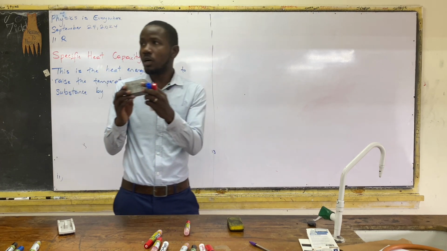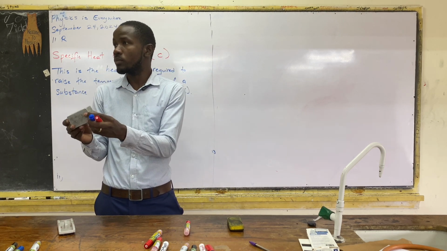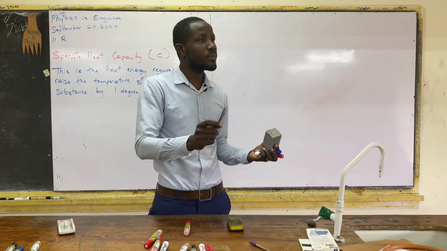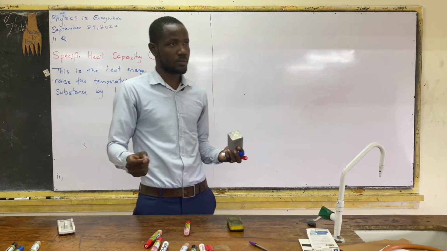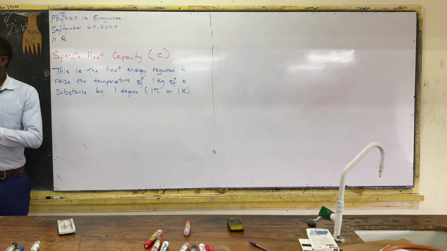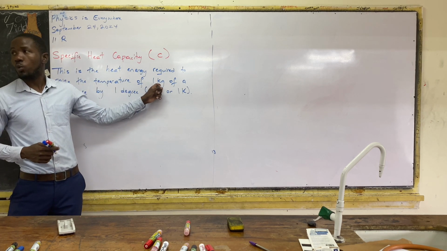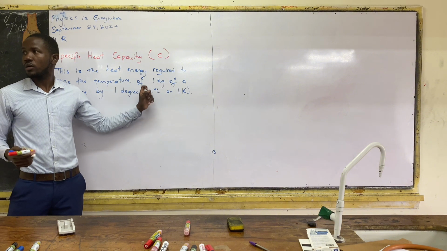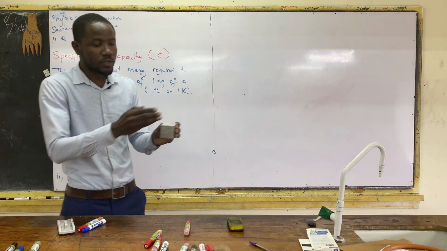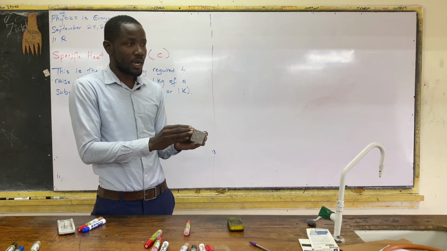So if we have this block of, let's say, aluminum, and we have a larger one, it's still going to have the same specific heat capacity, because the specific heat capacity is exactly how much energy is required to raise 1 kilogram of that substance by 1 degree.